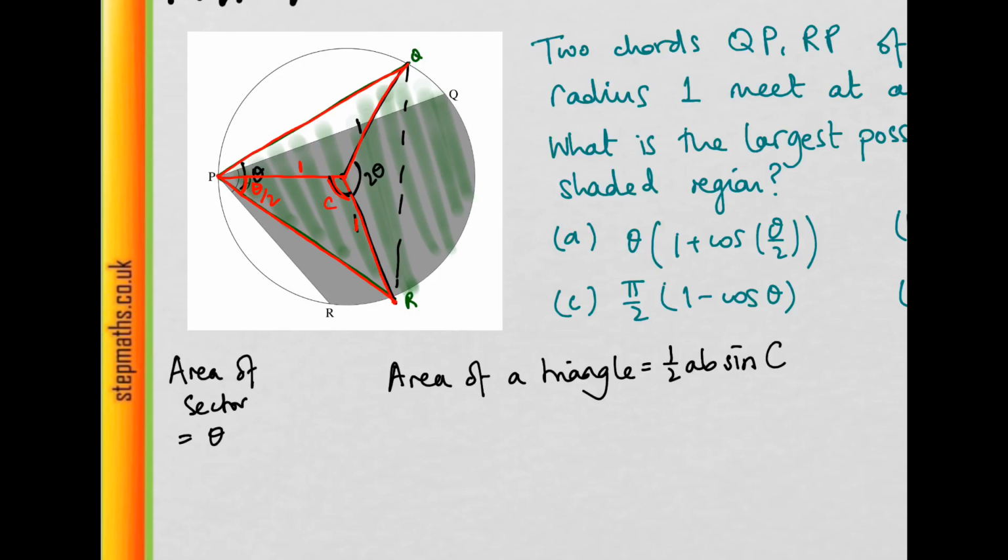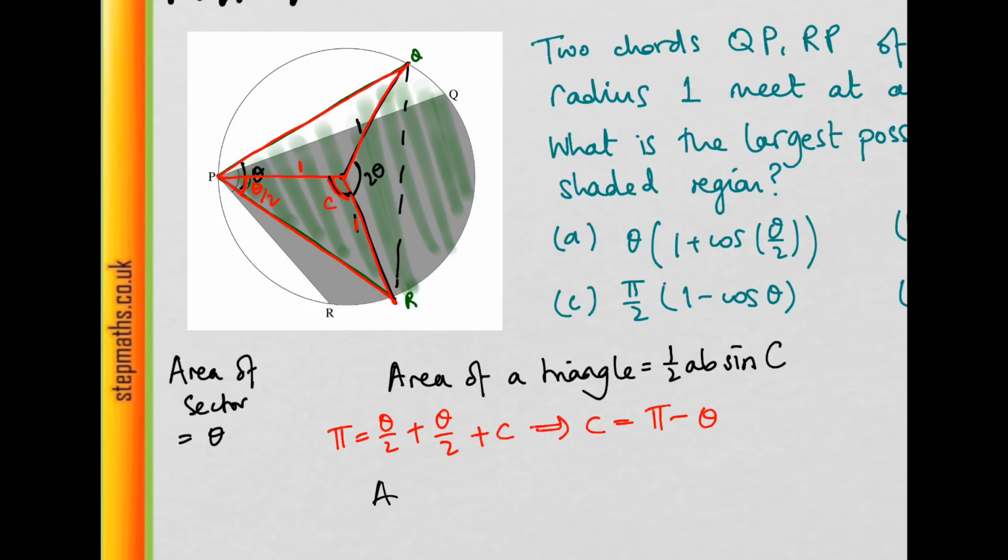Well, we know that the angles in the triangle add up to pi, so we have that pi is equal to theta over 2 plus theta over 2 from these two angles, and then plus C. And so C is going to be pi minus 2 times theta over 2, which is just theta, so it's pi minus theta.